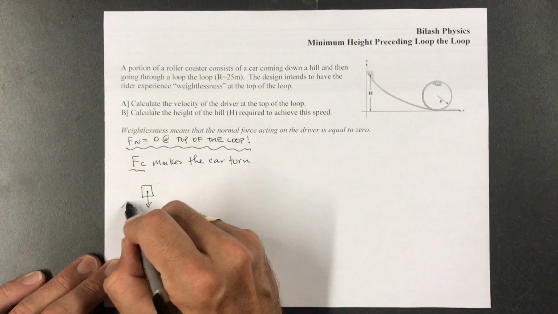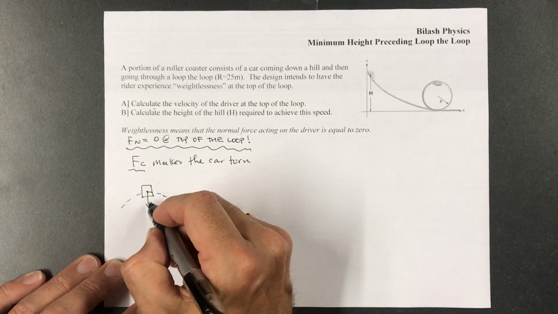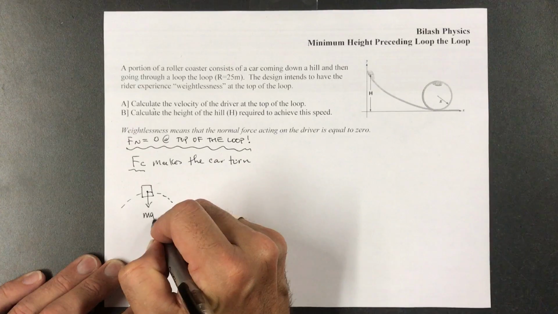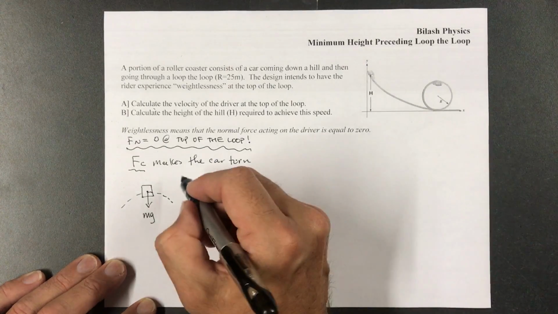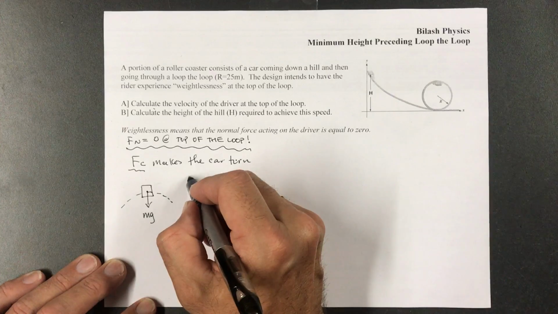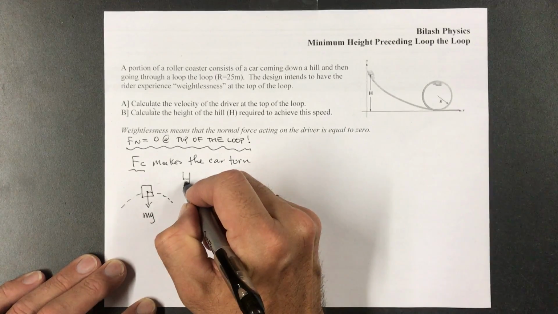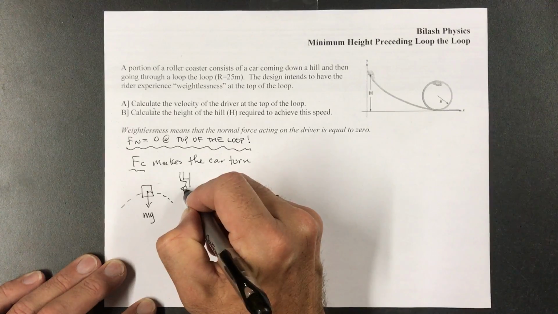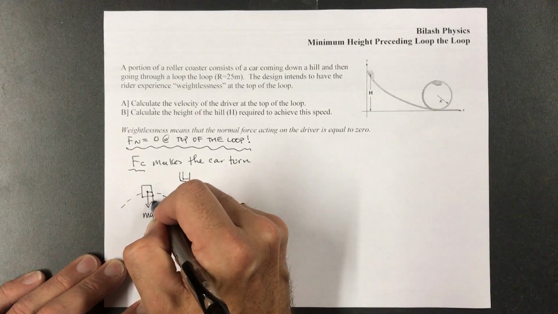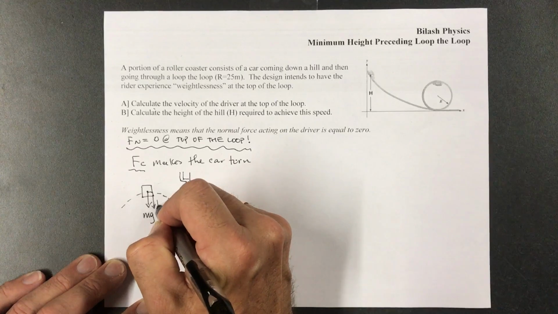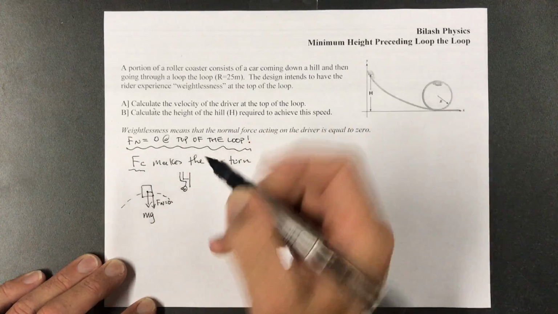At the top of the loop we have mg pointing down, and since the car is upside down, so imagine like a chair and the person here like that, the normal force is also going down. So we have Fn.